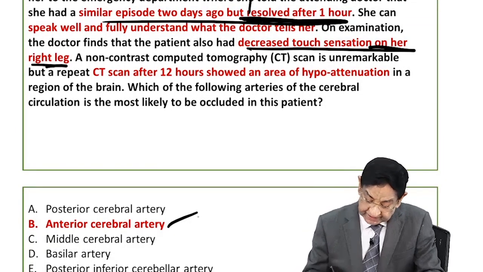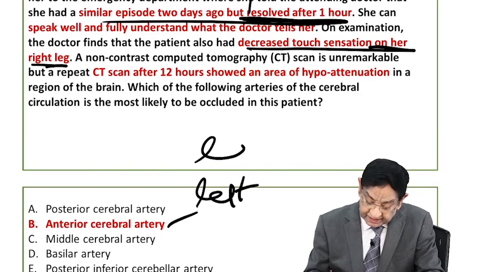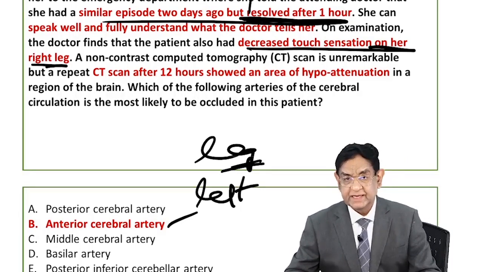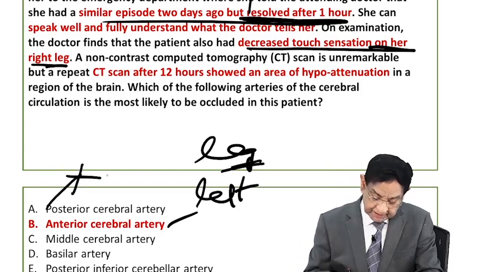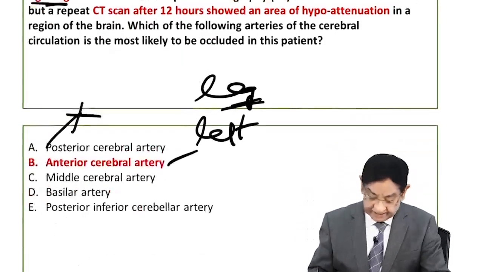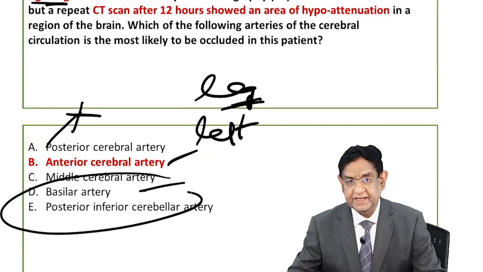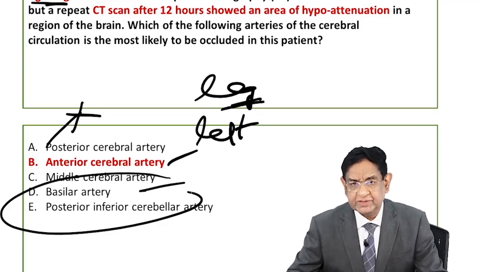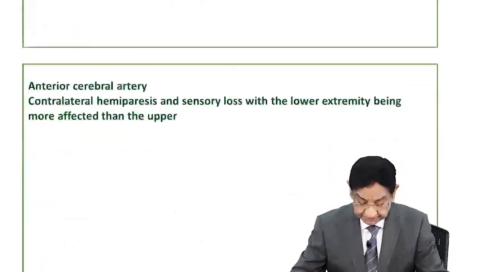Which side? It is left-sided. Why? Leg weakness is there. They don't mention arm weakness. Leg weakness occurs in anterior cerebral artery. Posterior cerebral artery does not involve the leg area. None of the others supply the leg area. So straight away, it is a direct question that we are dealing with an anterior cerebral artery lesion.